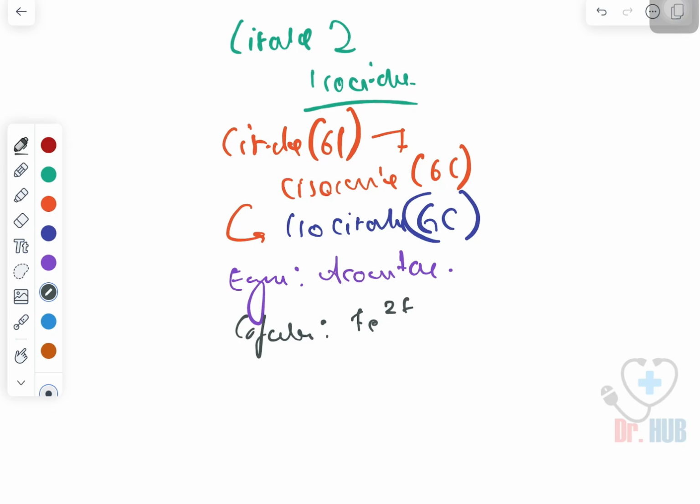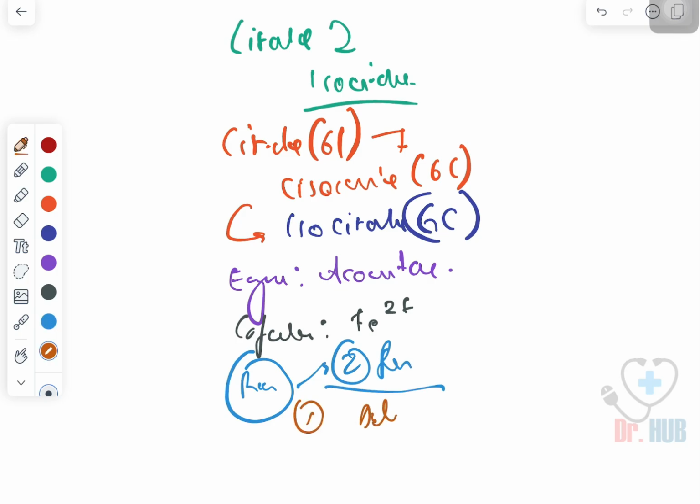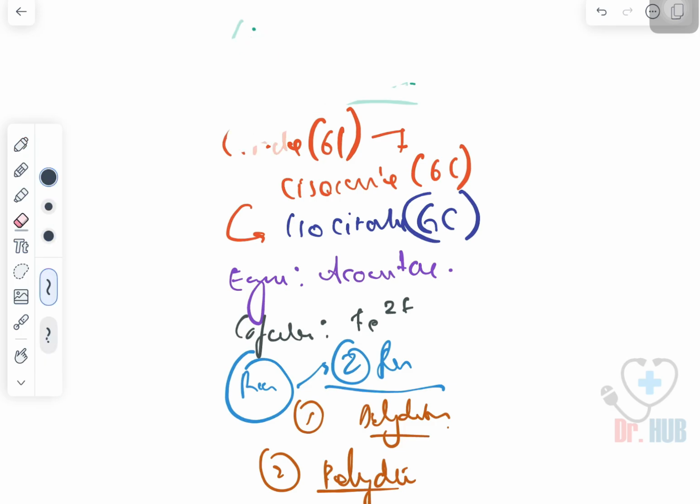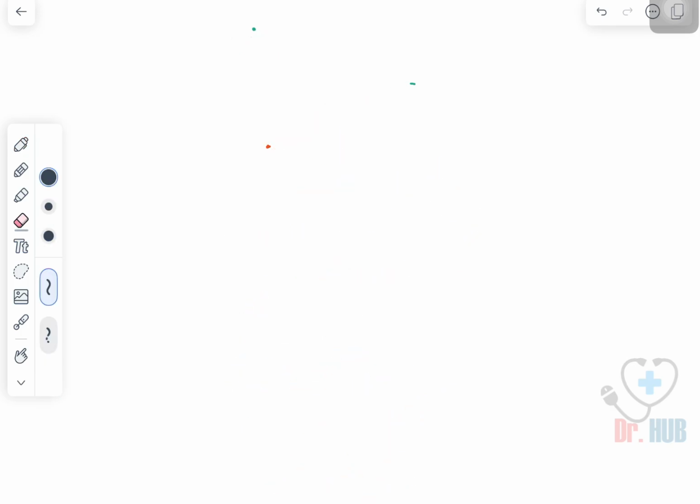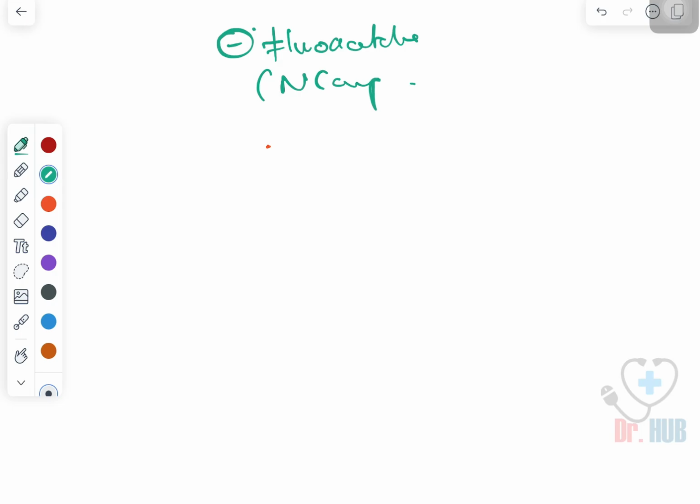The cofactor is iron. The reaction takes place in 2 steps. The first step involves dehydration. The second step involves rehydration. And it is inhibited by fluoroacetate, which is non-competitive.